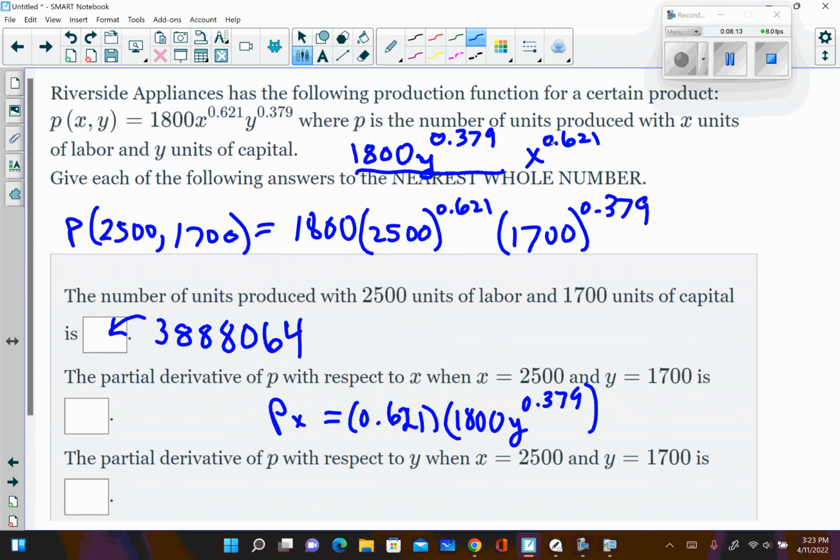And then x to the 0.621 becomes x to the whatever 0.621 minus 1 is, which is the new exponent, negative 0.379. And now I'm going to calculate this when y is 1700 and x is 2500.